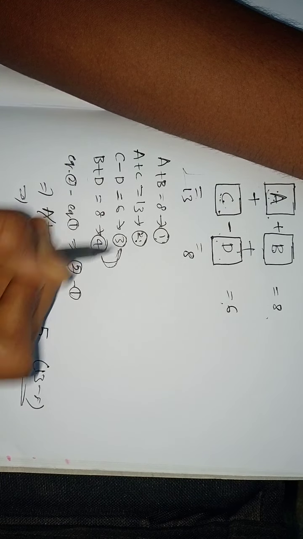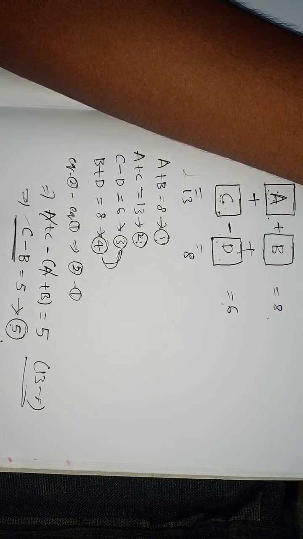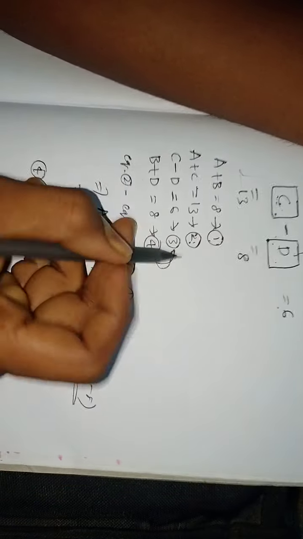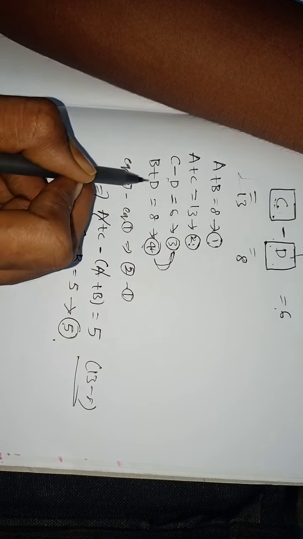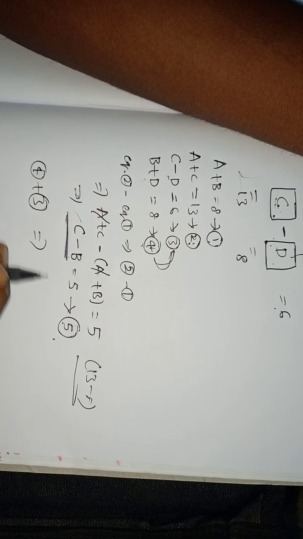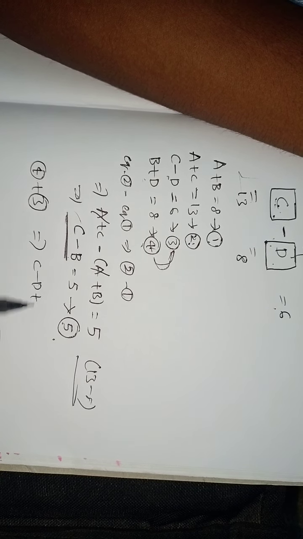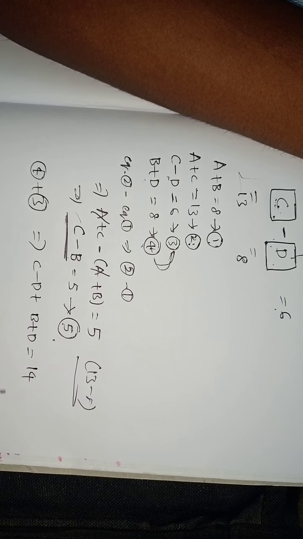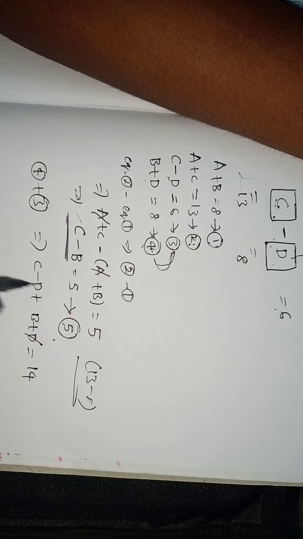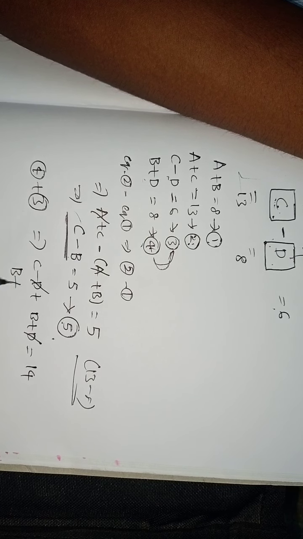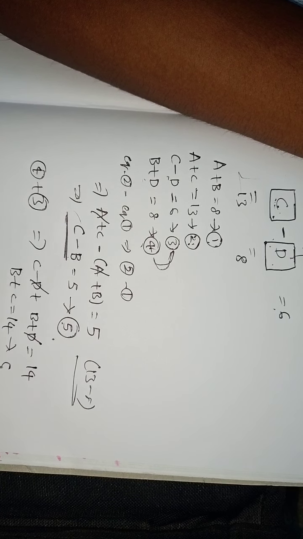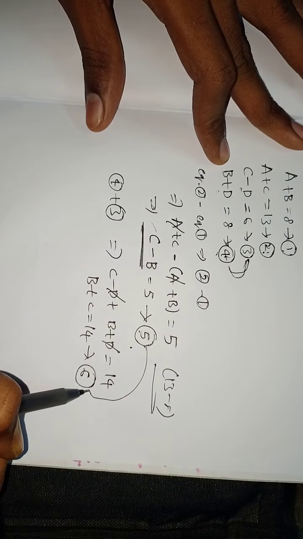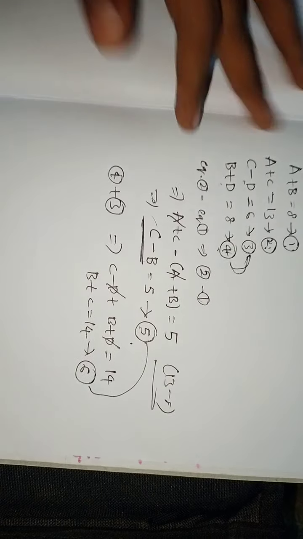So after adding equation 4 plus equation 3, minus d plus d cancels, we get c minus d plus b plus d equal to 8 plus 6, which is 14. So d minus d cancels, which gives b plus c equal to 14. This is equation 6.